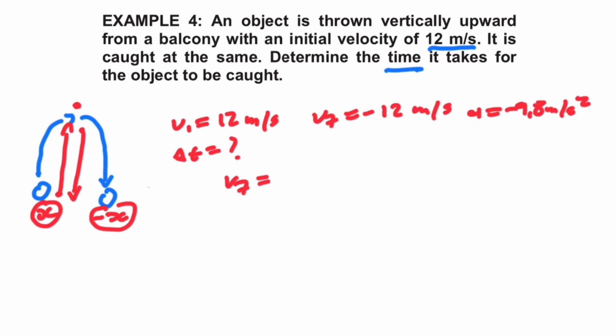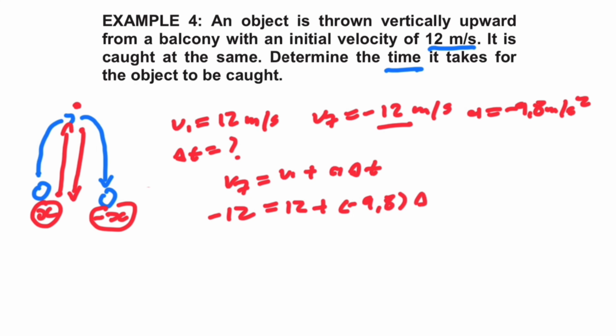Vf is equal to Vi plus a delta t. Vf is minus 12 because when the object is going down, the velocity is going to be negative because we are taking up as positive. So we have minus 12 being equal to Vi. Vi is positive 12. So 12 plus the acceleration minus 9.8 multiplied by the change in time.